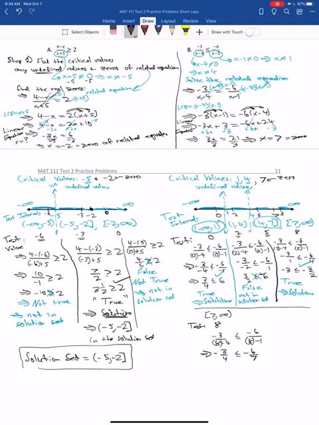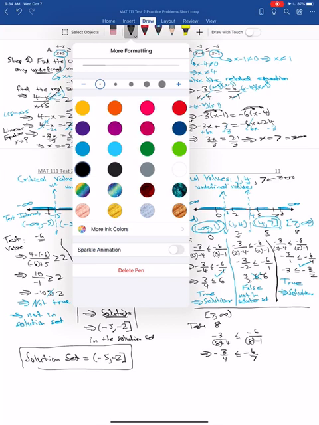But in our solution set, we're looking at 2 intervals in our solution. All right, we've got all x values less than 1, and all x greater than 4, less than or equal to 7.